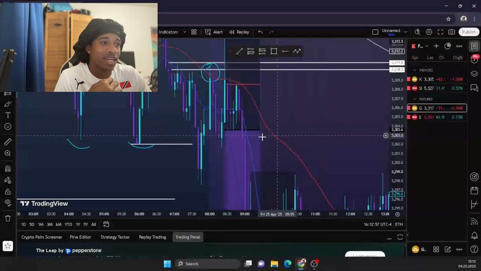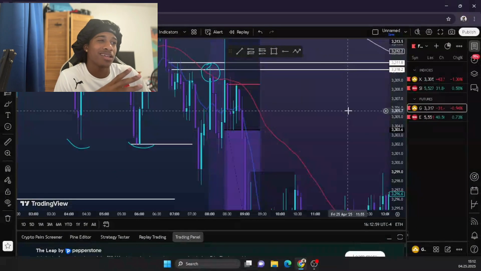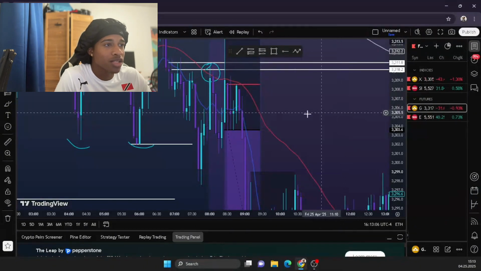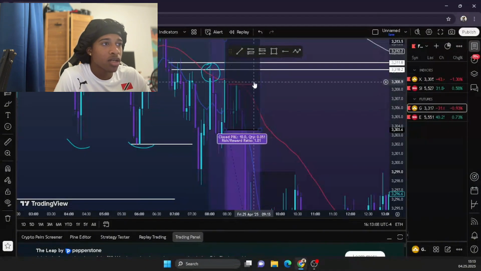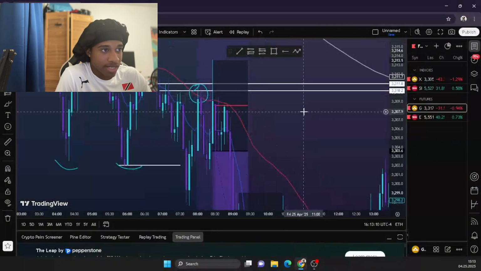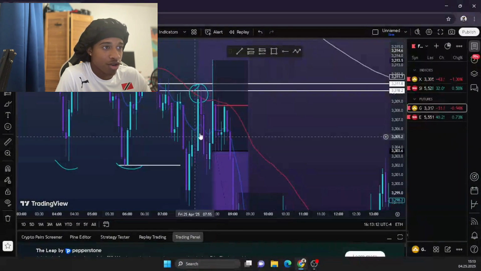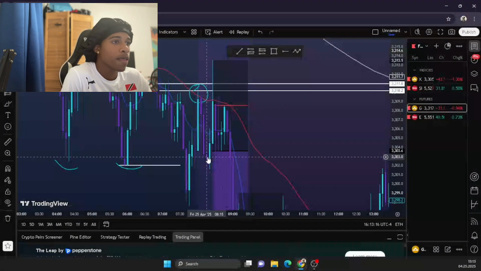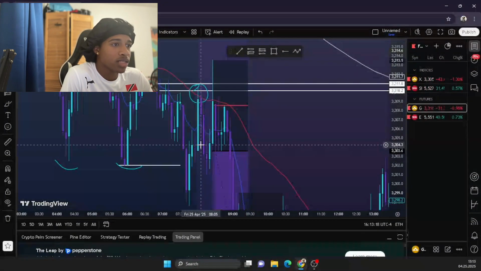I wasn't really liking it when the candle closed. I was like, let me just see what price is going to do, if price could just wait and head back up, which price did in fact, right? If I had stayed in this trade, taking this 13 EMA breakout, I would have taken a loss, right? But I decided just to wait and see what price was going to do.